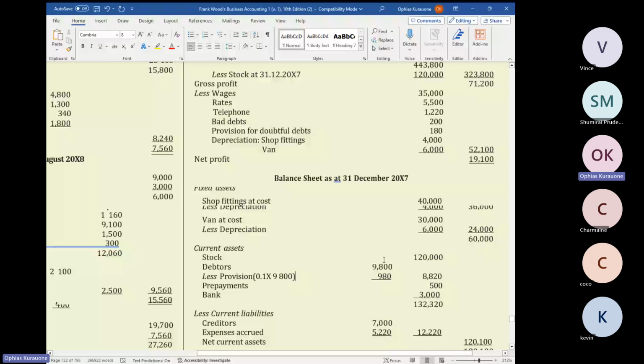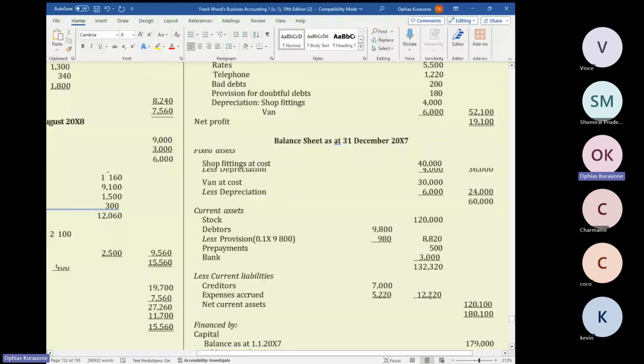Prepayment is 500. It's part of our current assets. Then the bank, because our bank balance is a debit balance of 3,000. Then current liabilities: the creditors, this 7,000. Expenses accrued.